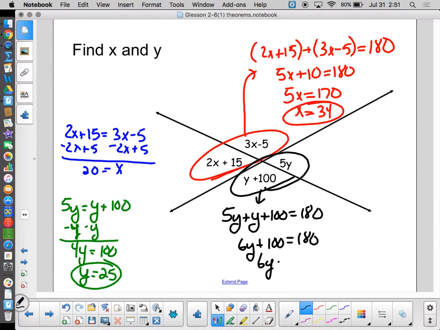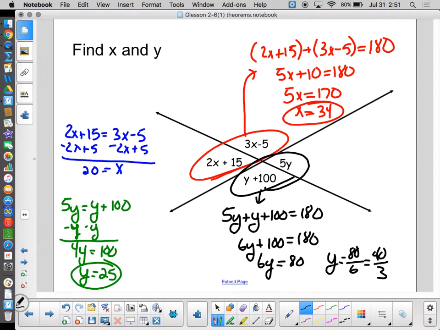So 6y equals 80. So y equals 80 divided by 6, which is 40 over 3, which doesn't come out to a really nice number, but we could leave it at 40 thirds, 13 1/3. That's okay.